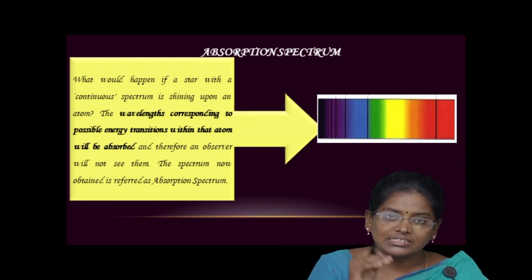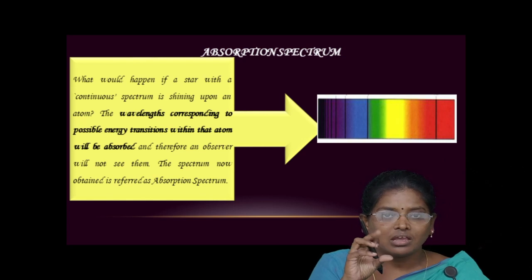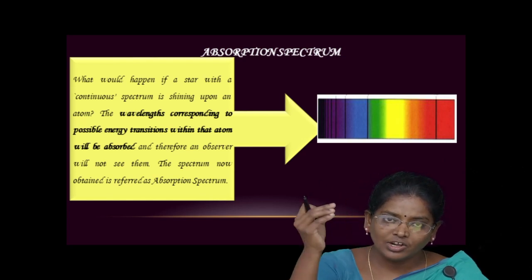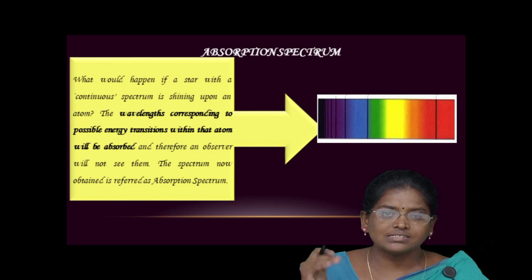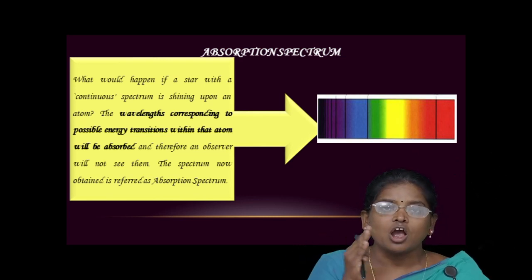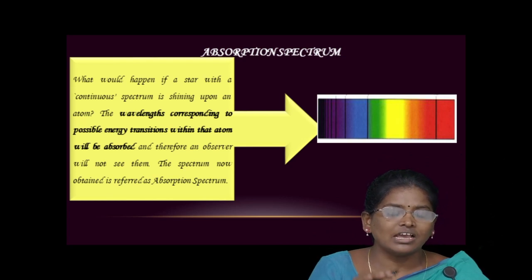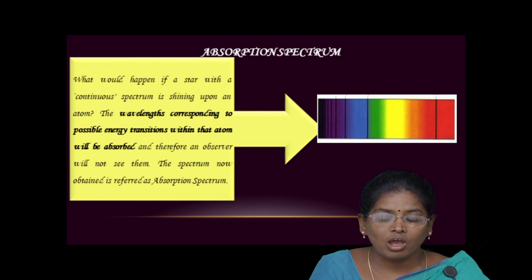So in the continuous frequencies, depending upon the energy difference, they may absorb some frequencies. So once we see the continuous spectrum of a star, some regions will be black. That means these regions are absorbed by the gaseous molecules in the atmosphere of the earth. So now the spectrum will no longer be continuous but a discrete spectrum.